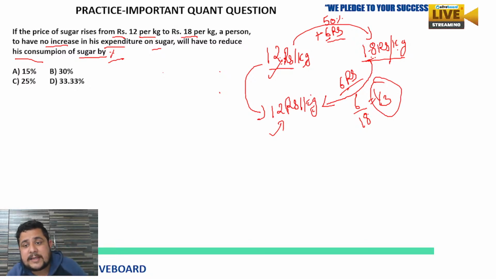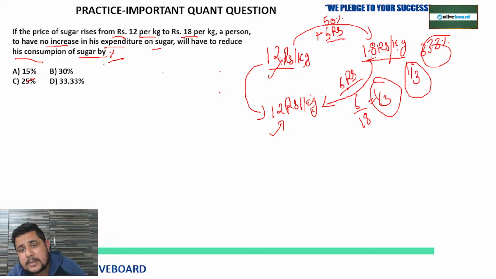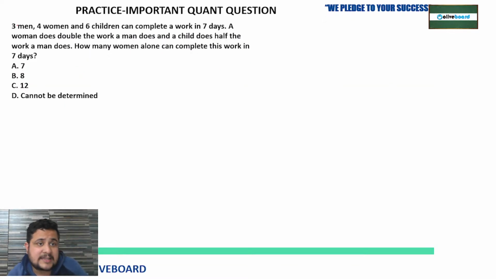So he will say 1/3 means 33.33%. Okay, he will have to reduce his consumption of sugar by 33.33%. Okay, so his expenditure will remain same. So option D will be the correct answer. Okay, let's move on to the next.